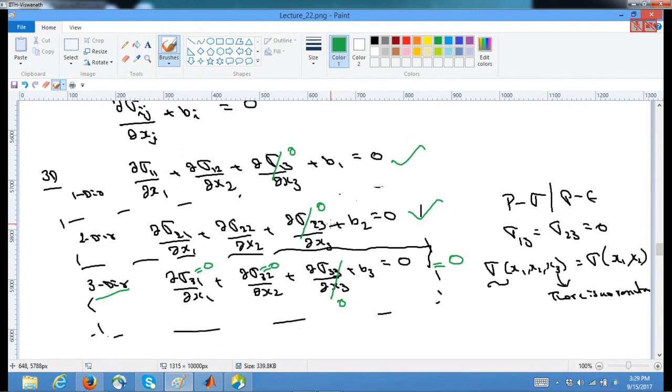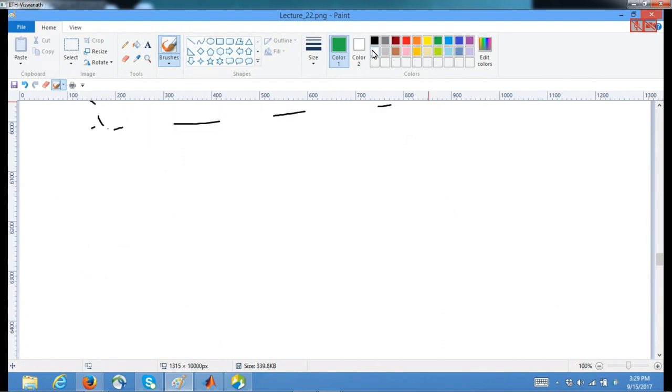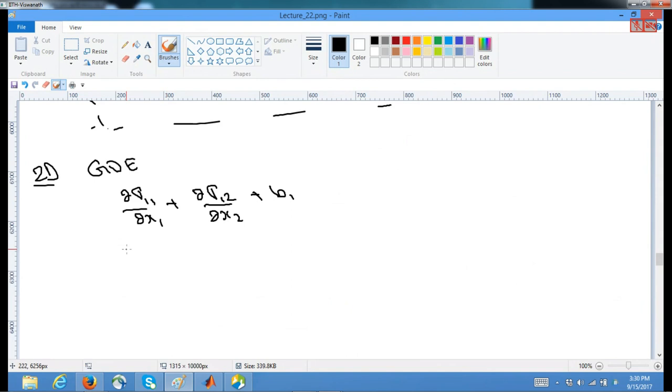So we can write in our 2D scenario that the governing differential equation would be something like ∂σ11/∂x1 + ∂σ12/∂x2 + b1 = 0 and ∂σ21/∂x1 + ∂σ22/∂x2 + b2 = 0.